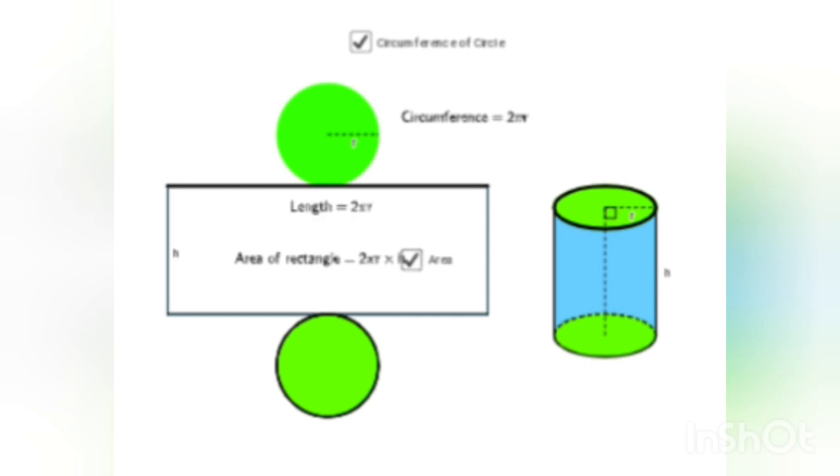Here we have the rectangle and two circles. You see in this case, two circles we are having and one rectangle we are having.